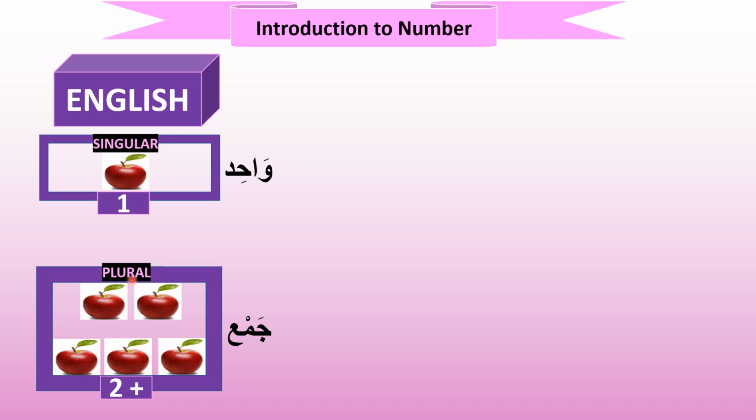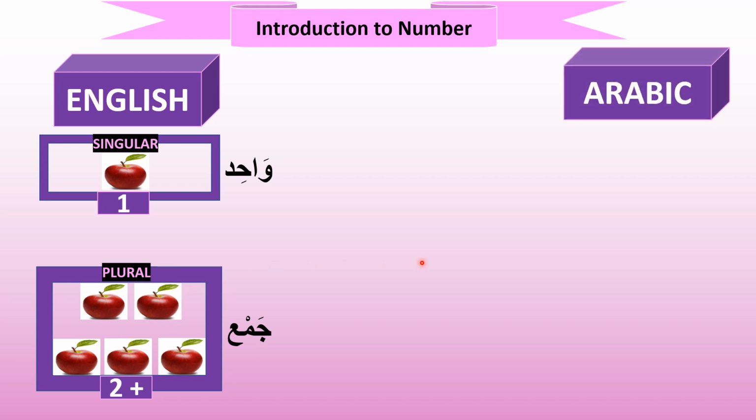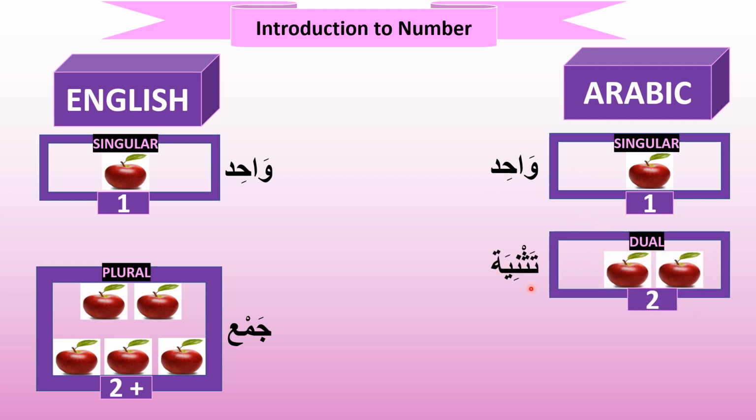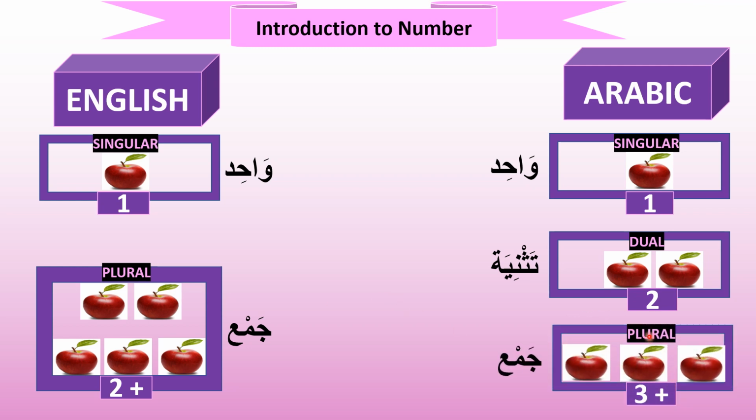When we go to Arabic now, 1 is singular, same as in English. 2 will be dual, tathniya. So here in Arabic, 2 does not yet qualify to be plural. 3 plus apples now will qualify to be plural, jam. That is the key difference between Arabic and English. In English, 2 plus is already plural. In Arabic, 3 plus is plural, or we call it jam.